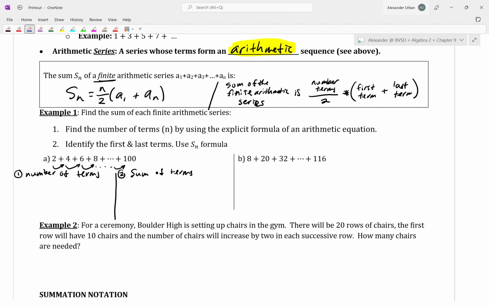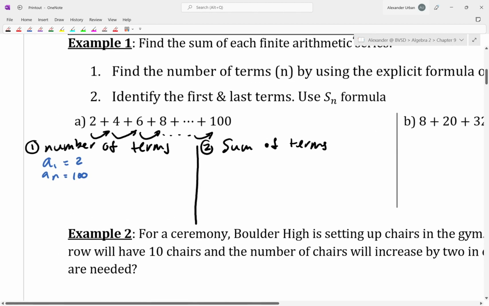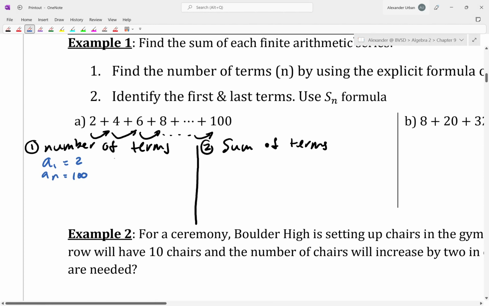So for the first one, I have a first term, so I have a sub 1, and I have a sub n, the last term. So a sub 1 is 2, my last term is 100. So I'm going to set up this formula to look like a sub n is equal to the explicit formula a plus n minus 1 times d.